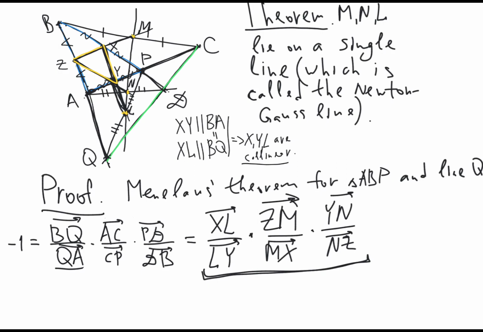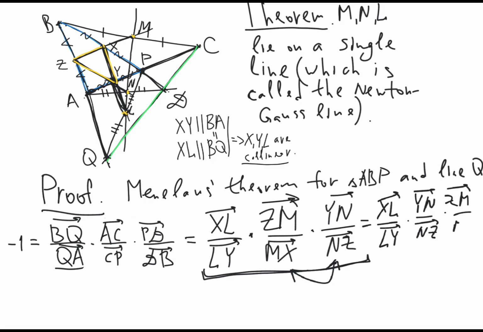XL over LY multiplied by YN. Now we need to change places of these 2 ratios, right? So let's write this: XL over LY multiplied by YN over NZ multiplied by ZM over MX.